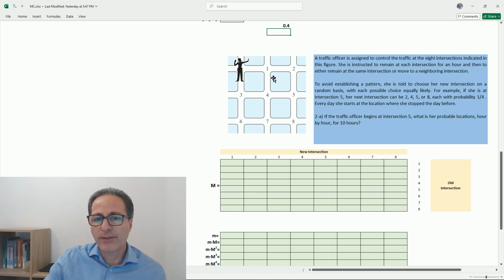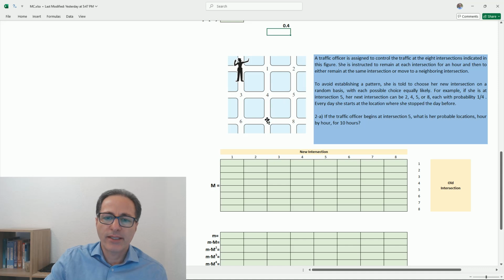It's going to be equally likely to move to the others or stay. Then based on that, we are going to find the probabilities for this matrix. To avoid establishing a pattern, this is the reason. For example, we don't want drivers to understand at what time this officer will be at what intersection. She's told to choose her new intersection on a random basis, with each possible choice equally likely.